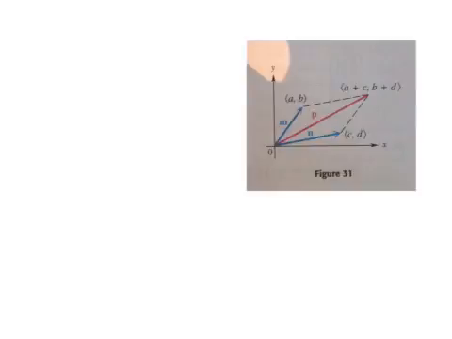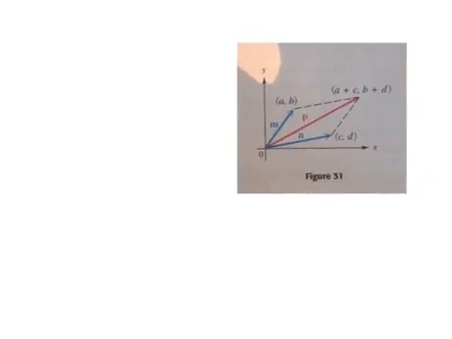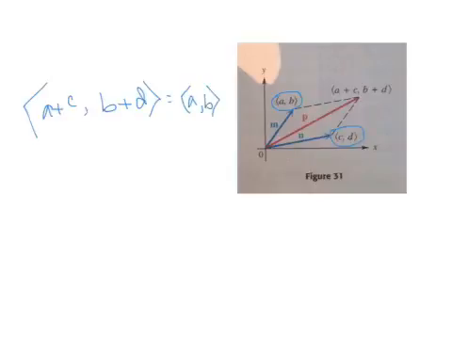So notice, bottom of page 308, this is figure number 31. And what it is saying here is that the vector AB plus CD is the same as A plus C, B plus D, which equals AB plus CD.